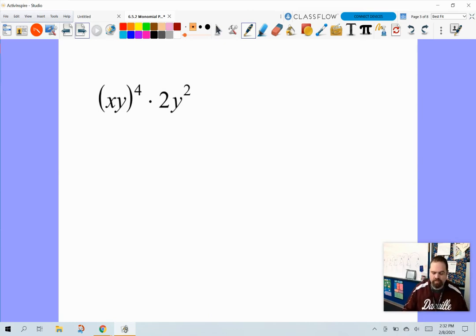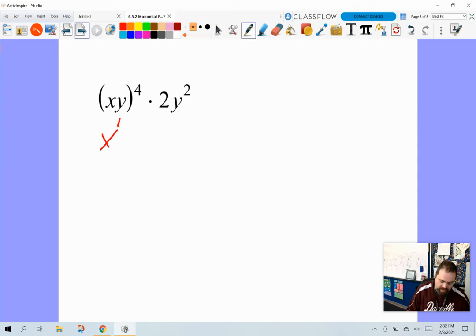Okay, so we've got both rules here. We've got something raised to a power, and then I'm multiplying some monomials together. On all of these, I would start inside the parentheses, see if there's anything you can do there, and then work your way out. So the x times y, there's nothing to do there. So I'm going to take that to the fourth power.